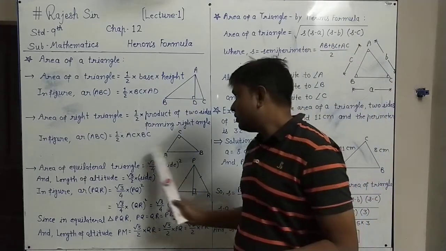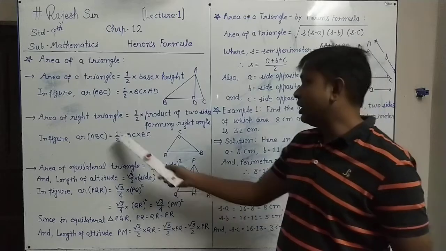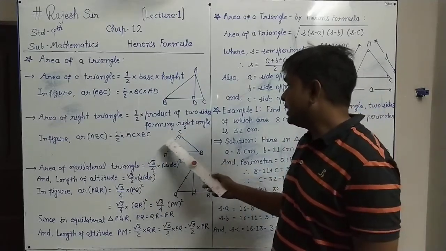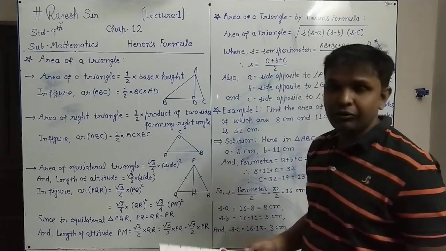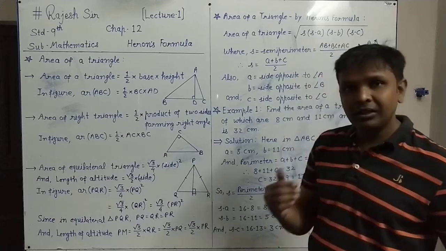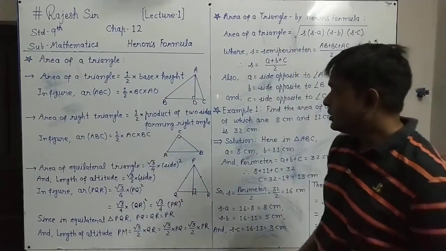So in this figure, the area of ABC equals half into AC into BC.